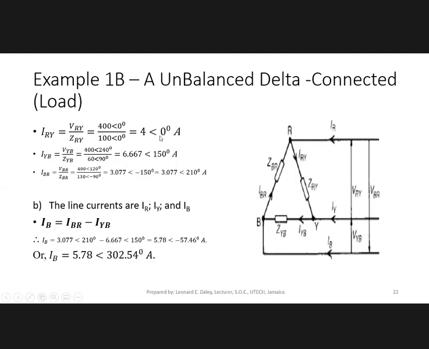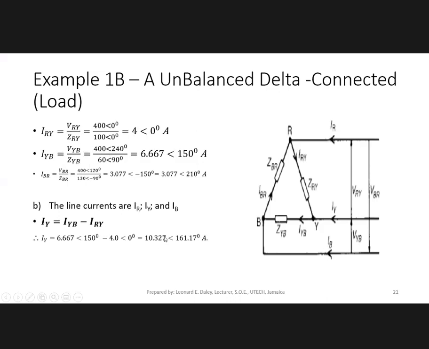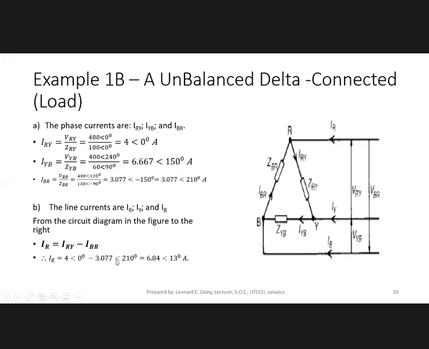This one is 150 degrees apart, and this one is about 60 degrees apart between these two. So clearly not a balanced system. Similarly for the line currents, we had this one at 5.78, IY at 10.3, and IR at 6.84. So clearly not a balanced system, right?